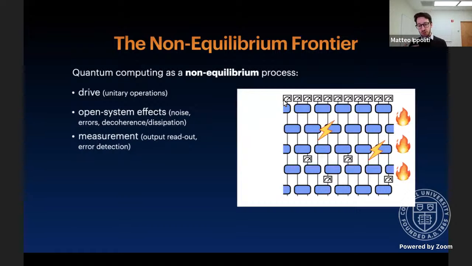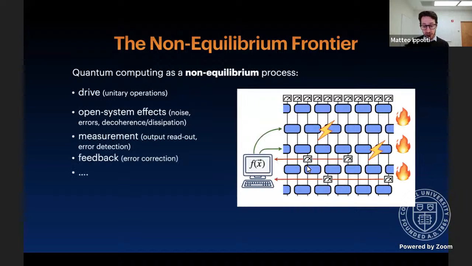And furthermore, we don't just want to read out the final state, but eventually, if we are to figure out that errors have happened in the computation, we also want to be able to make these measurements as we go. So during the dynamics, not only at the end. And once we detect the errors, we would also like to be able to correct them.